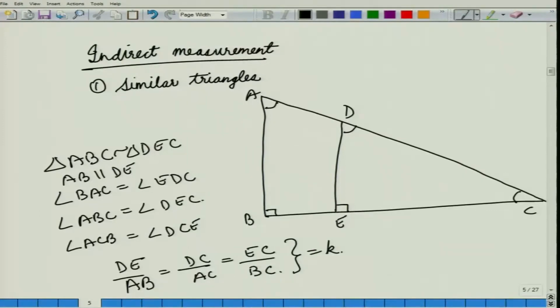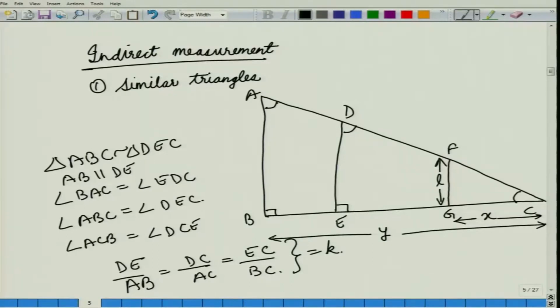So, in that case, suppose we drew a line and then we drew another triangle here, say FG, and if we were able to measure this length L, and if we were able to measure this distance x and this distance y, then we would be having AB, because again triangle ABC is similar to triangle FGC.